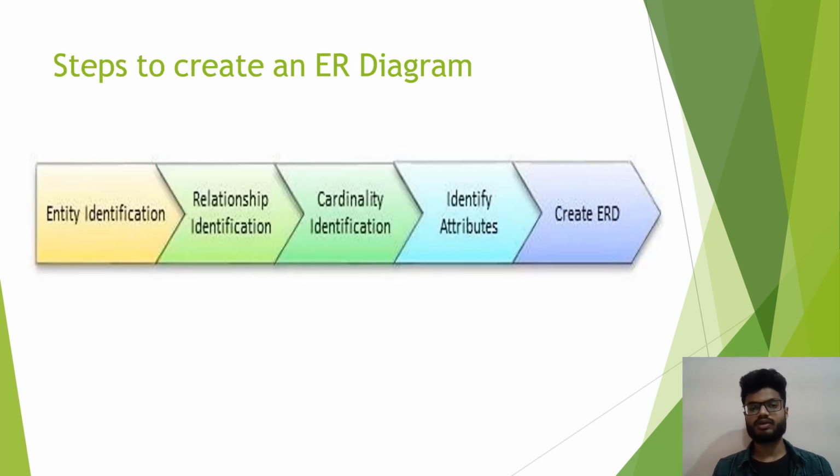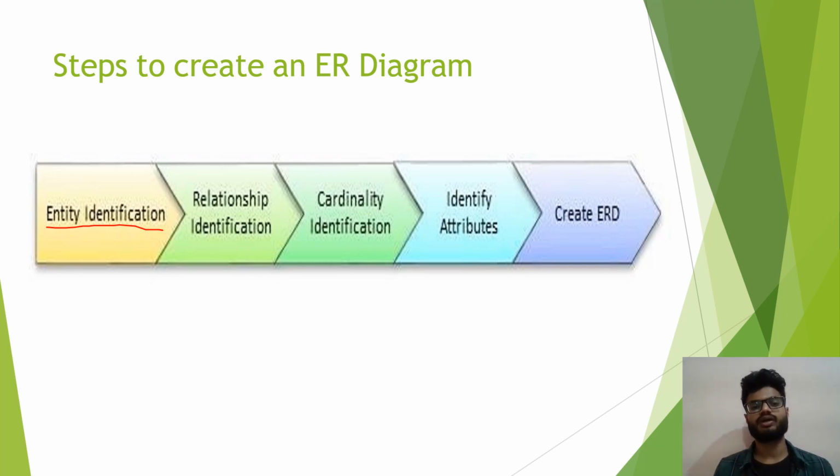Here are the steps to create an ER diagram. First we should know the entities in the ER diagram. If we are talking about a college database, there are staff member details, department details, student details, and what courses are taught. These are the entity tables we have to make.